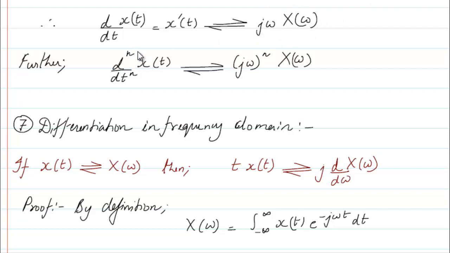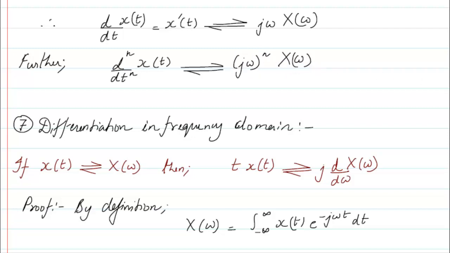So if you differentiate with respect to t n times, all you have to do is take X of omega and multiply j omega n times. Remember, j omega two times means j square, and j square is minus 1, so you have to take care. Okay, so j omega raised to power n times X of omega.